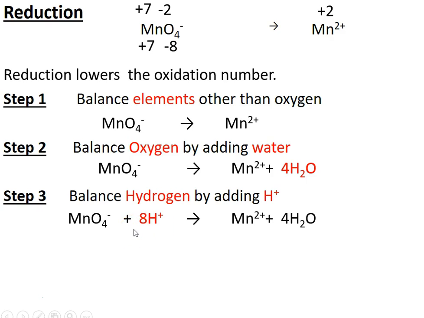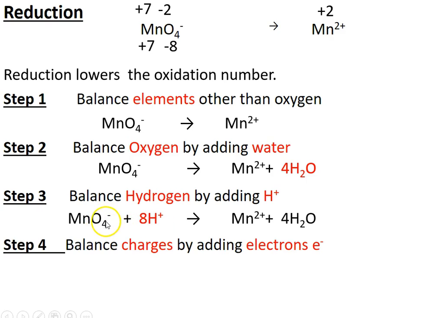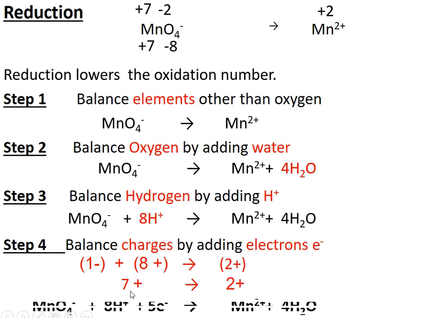Then if we do the overall charge, you've got 1 negative on this side and 8 positives. So overall on this side you've got 7 positives and you've got 2 positives on that side. So we need these charges the same. So if you've got too many positives on this side, if you add 5 negative electrons, then it will balance. So that's the overall.